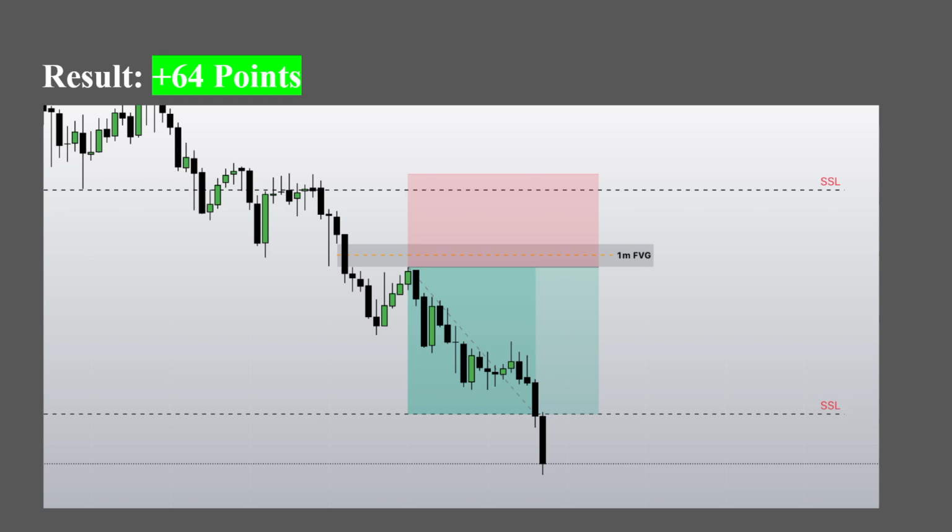Now, I'm not saying that this model has a 100% hit rate. It doesn't. You'll take losses. I take losses with these models. But it is highly probable, and it is a profitable strategy. You will profit if you follow this model and don't intervene with it.